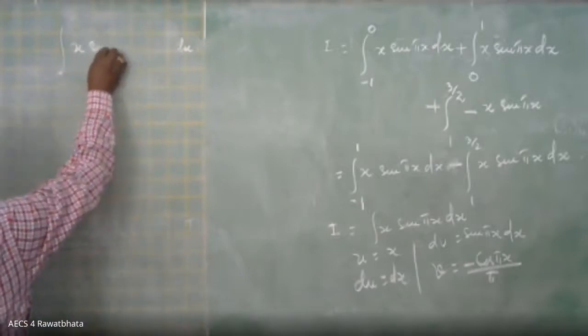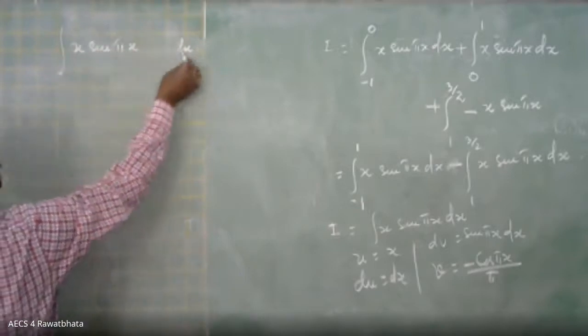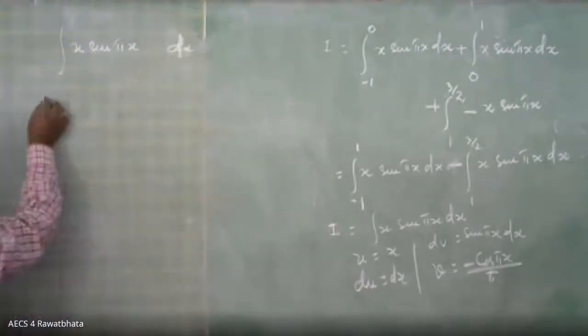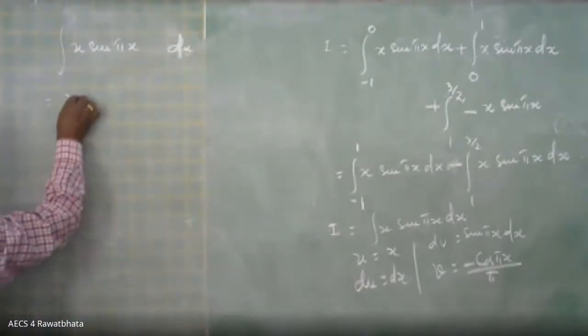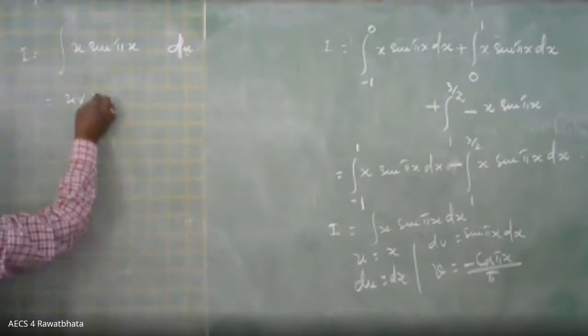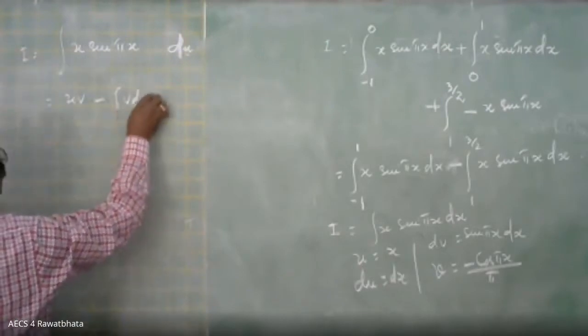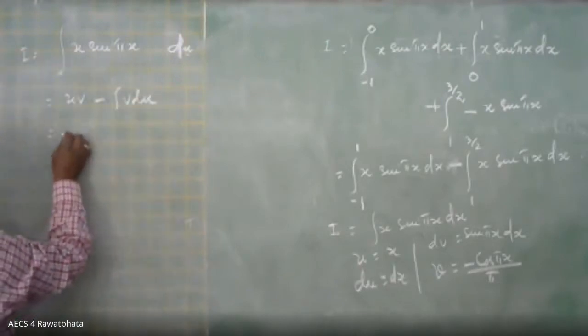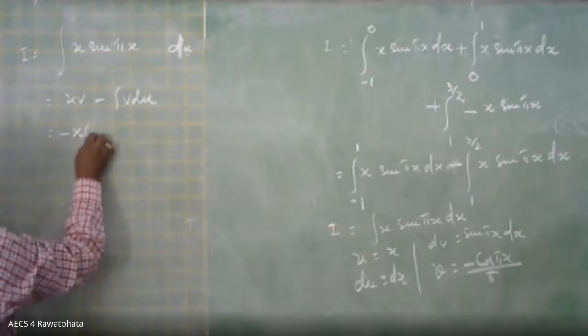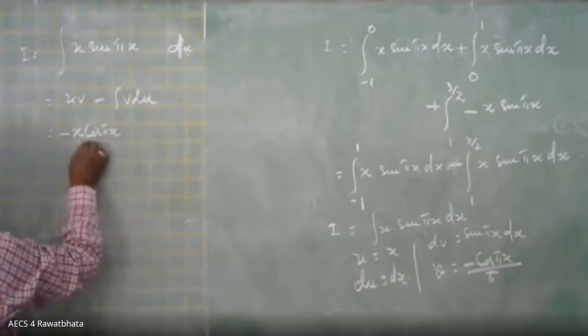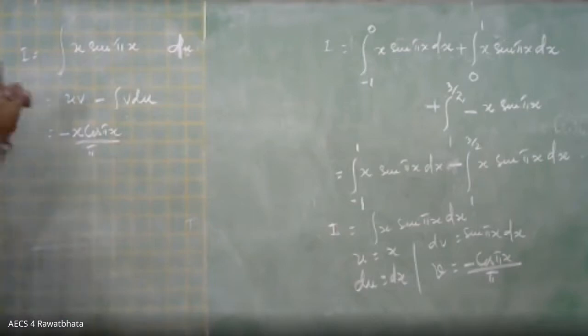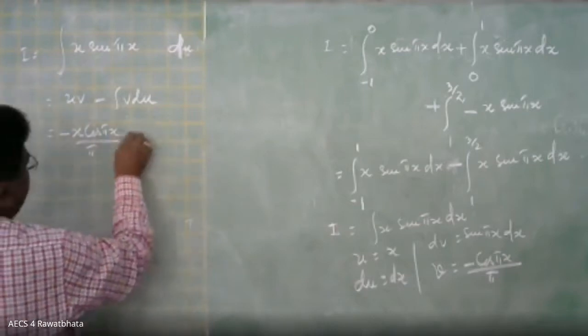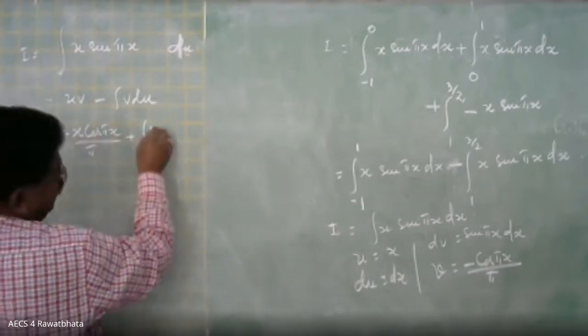So that is uv minus the integral of v du. So u into v is minus x cos pi x upon pi, and minus minus plus. What is v?